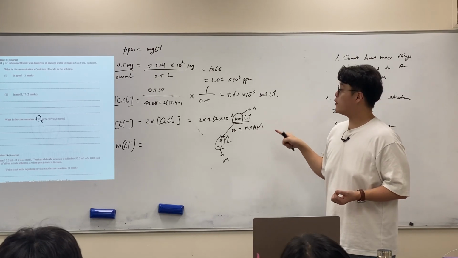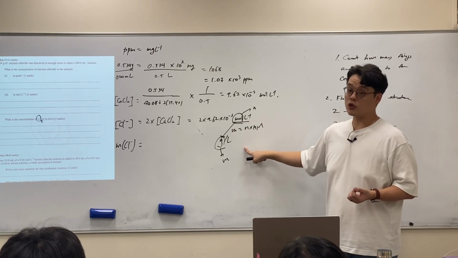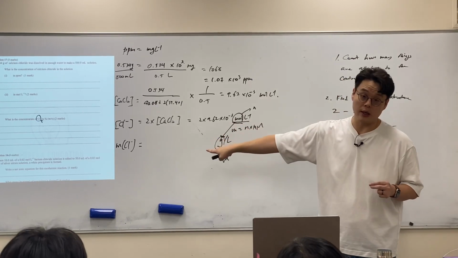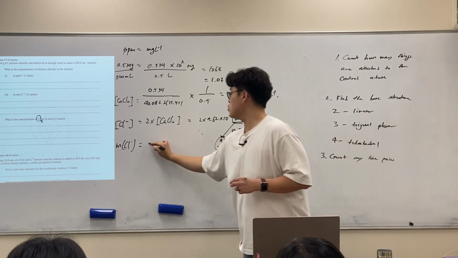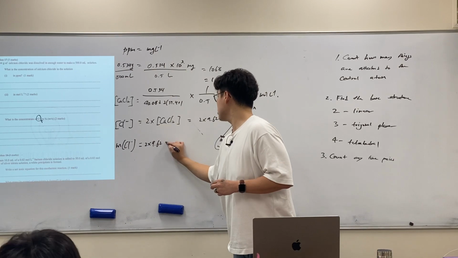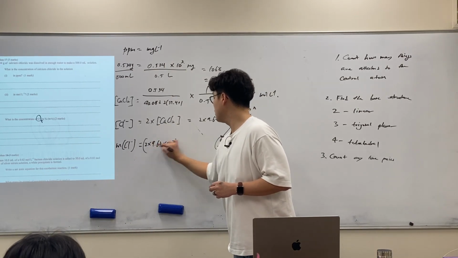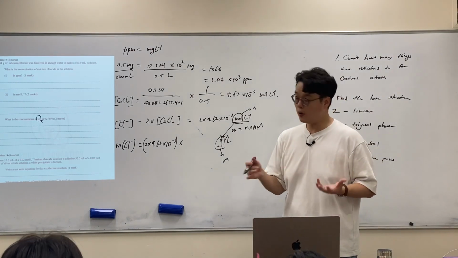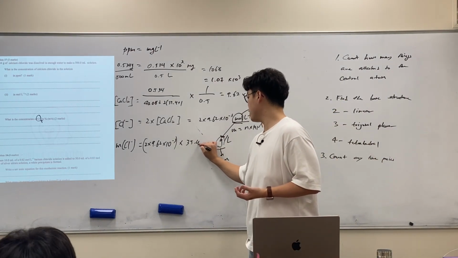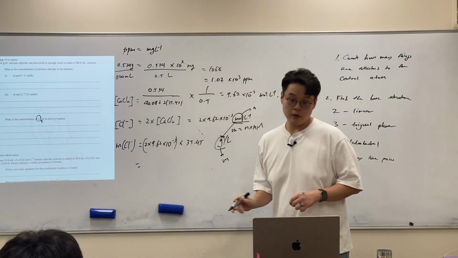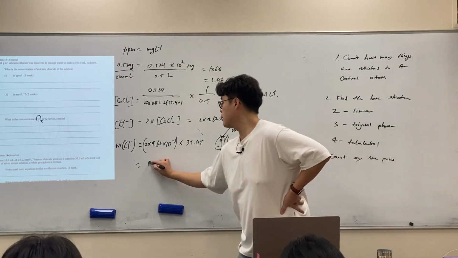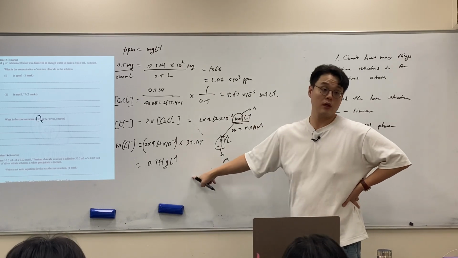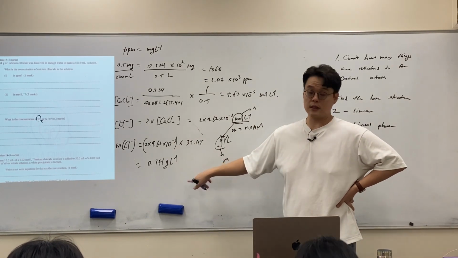So if you want to convert the unit from mole per liter to gram per liter, you simply need to times that molar mass of the chloride. So it'll be 2 times 9.62 times 10 to the power minus 3, times that molar mass of the chloride, which is 35.45. That will give you 0.341 gram per liter, first of all.